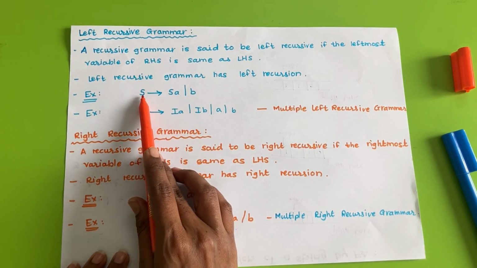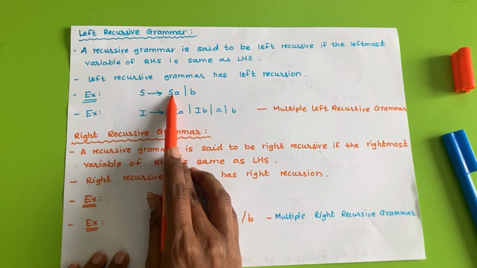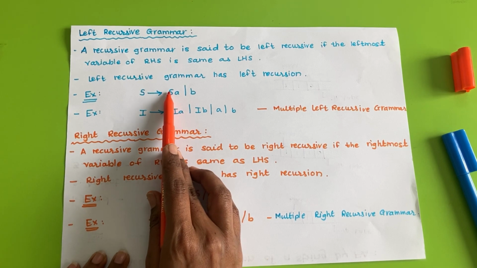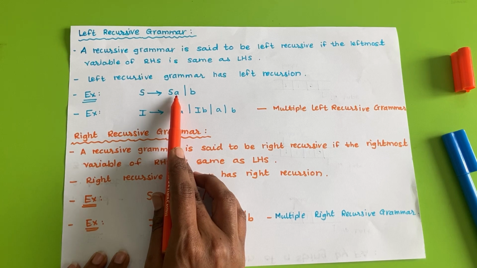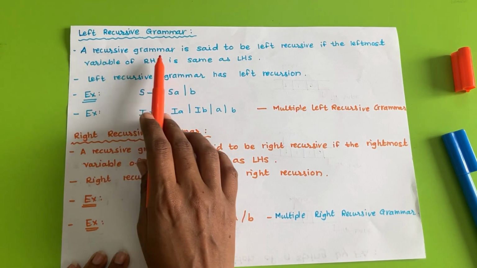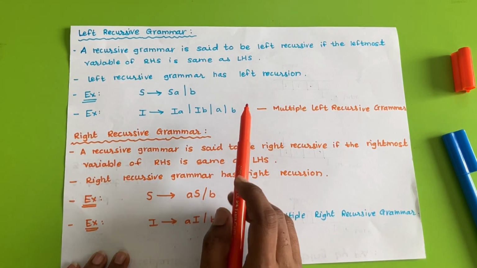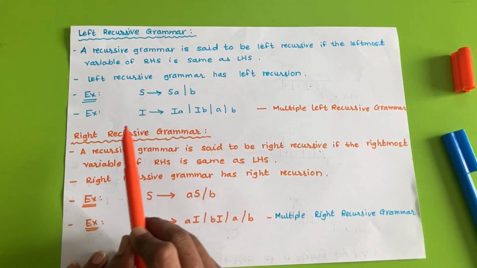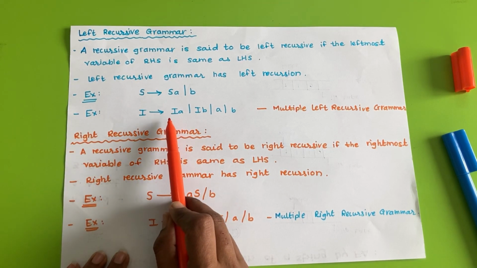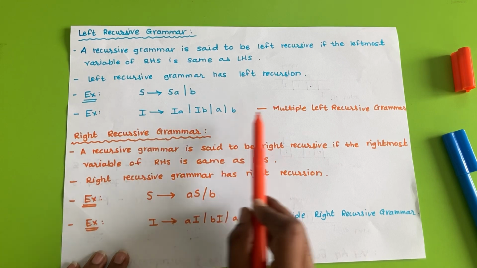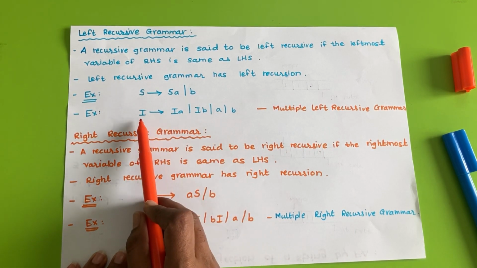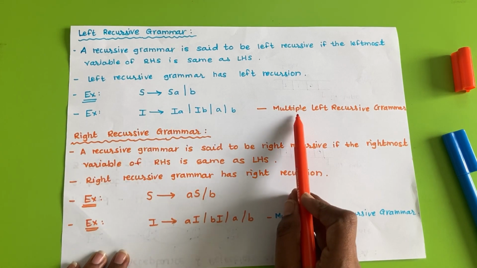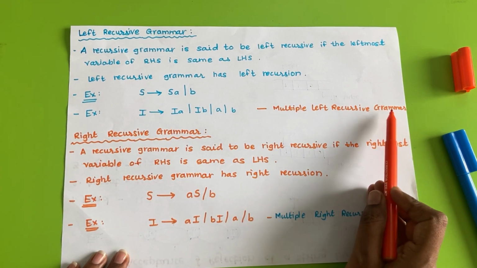So if the leftmost variable on the right hand side of the production is the same, then that is called left recursive grammar. If we have more than one left recursion for a single variable, then that is called multiple left recursive grammar.